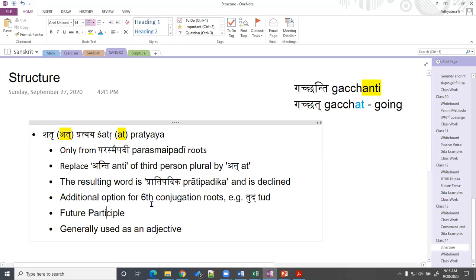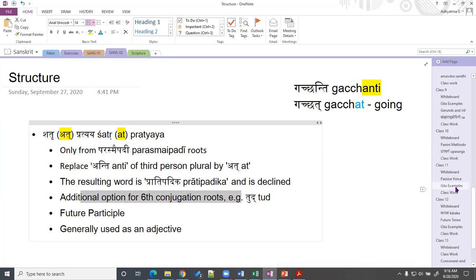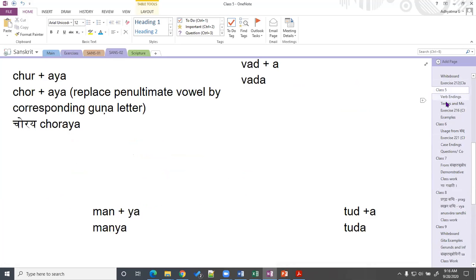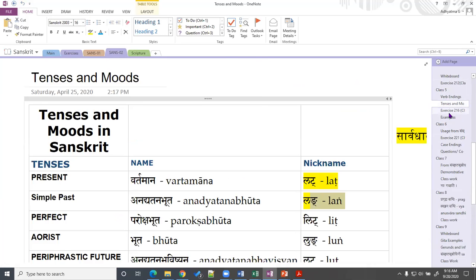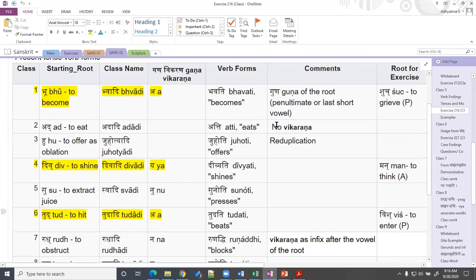There is another twist here in these Shatru Pratyaya words, for the 6th conjugation roots. If you remember, we studied earlier the conjugations of the verbs, different classes. I'm not sure which class we studied those. Let me see. Here it is.